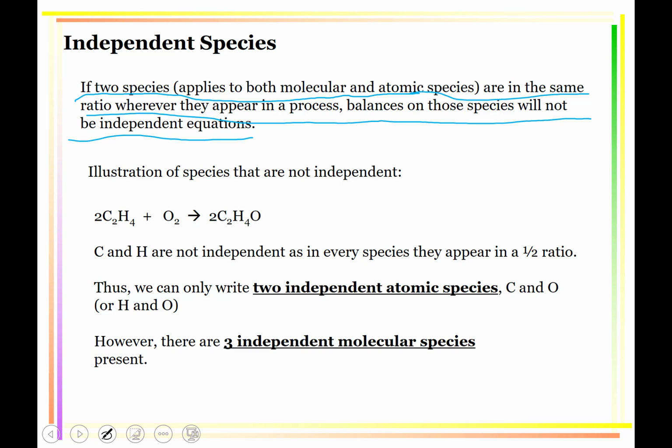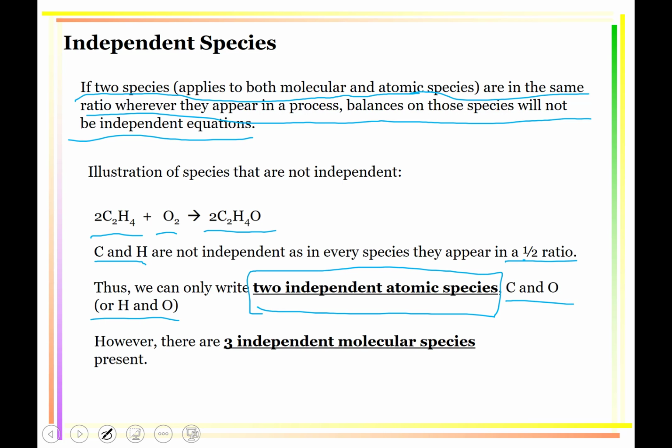We have ethylene and oxygen forming ethylene oxide. Here C and H, everywhere they appear, are in a ratio of 1 to 2. So we only have two independent atomic species. C and O, or H and O; you can pick two of the three, and one of them has to be O.